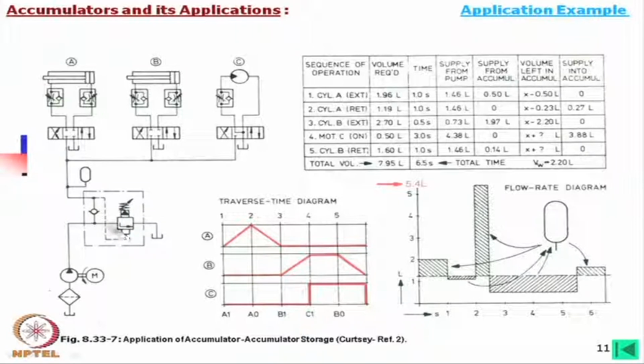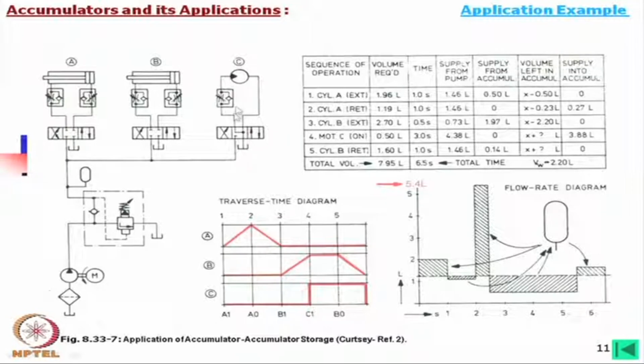Now, in these operations, this is cylinder A, this is cylinder B, and this is pump C, and both have a flow control valve. This means this system requires forward and backward or return motion, both at controlled speed. That is why flow control valves are there. This one is operated by a completely closed center 4/3 directional valve.